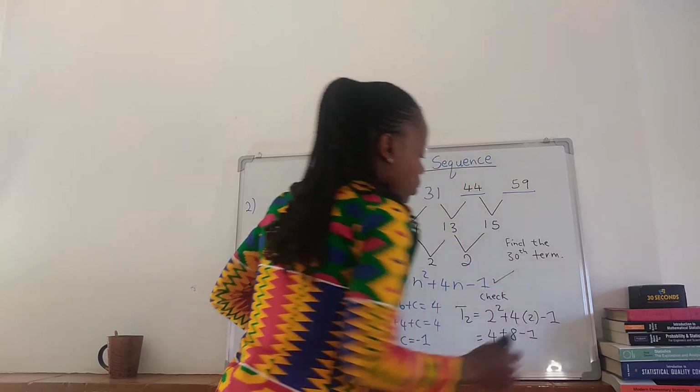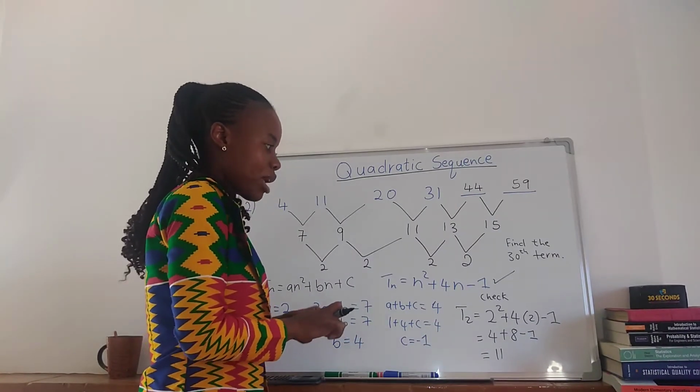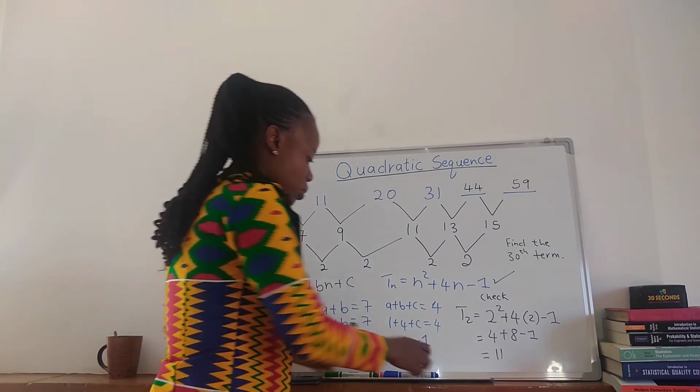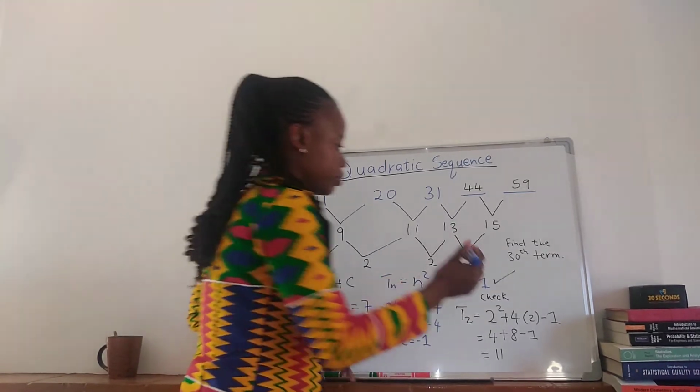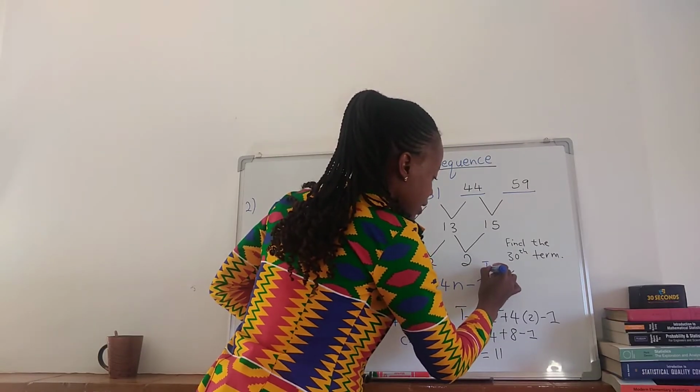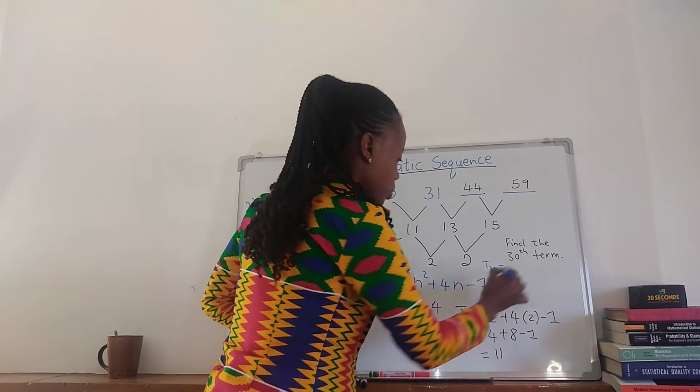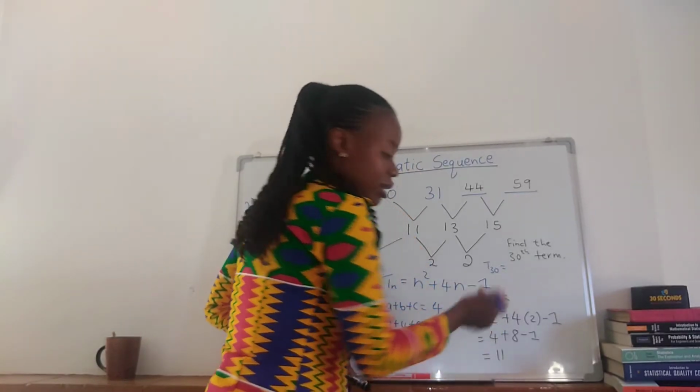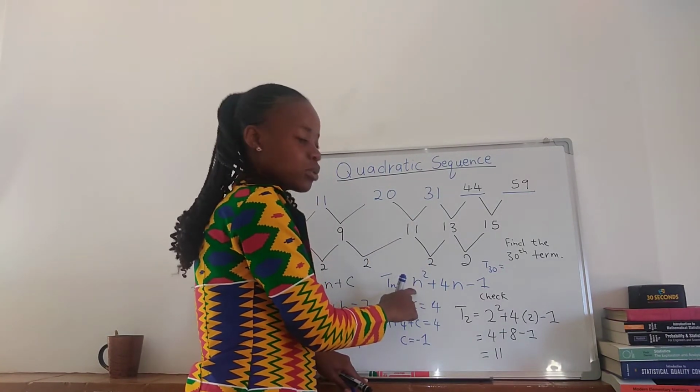Okay, we want to find term number 30. So we're going to have T30 equals, where you see n, you substitute with 30.